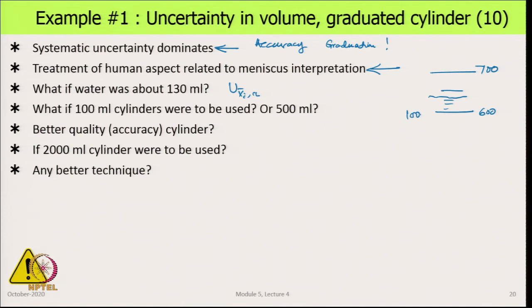What if this were 100 and this were say 200? Will the uncertainty be the same? And the calculation shows that since the systematic uncertainty dominates and the random uncertainty would be of the same order of magnitude, u x bar at 130 milliliters would be comparable to what we have just got.